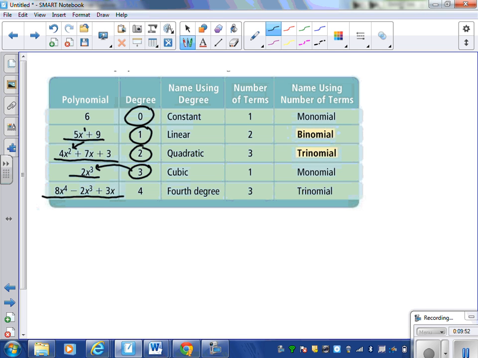The degree in that problem is, look for the biggest x, the exponent being 4. The degree is 4. So hopefully this will help you understand how to figure out the degree in your problem when you have the same variable in the equation.